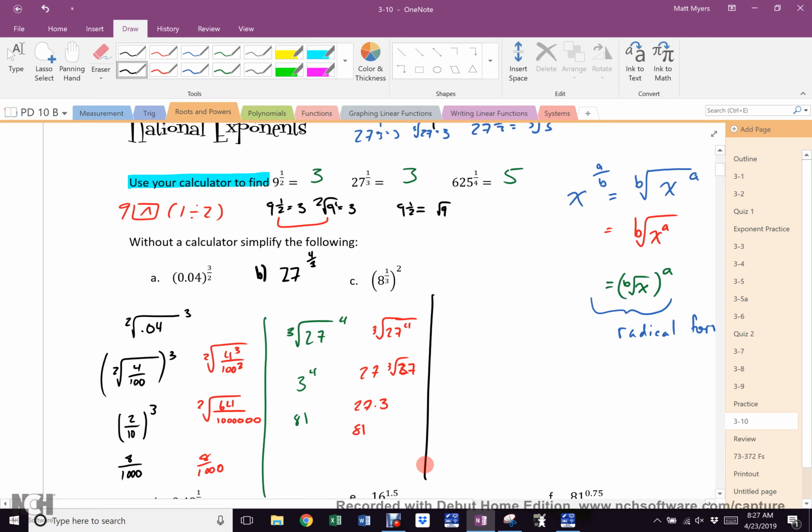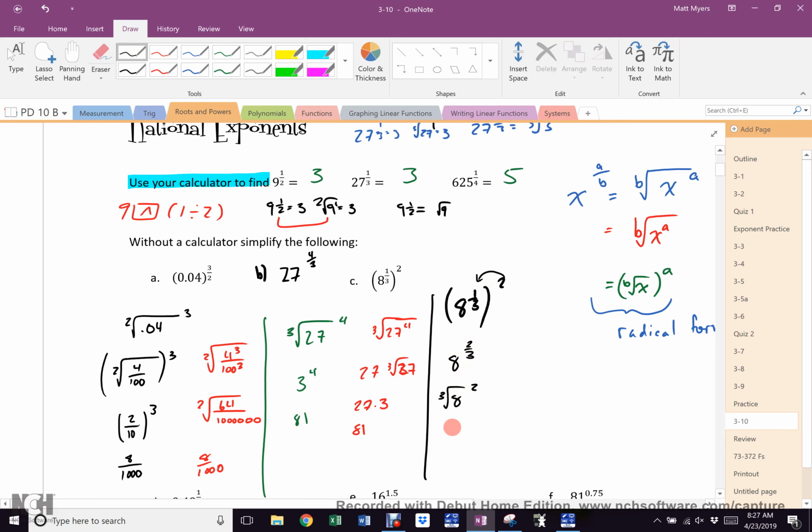What's the base? 8 to the 1/3 is the base. Now, all that is squared. Now, let's stop a moment. We can apply some exponents to this, can't we? I would multiply over the bracket, wouldn't I? And I would get 8 to what? The 2/3, which would be the cubed root of 8 squared.